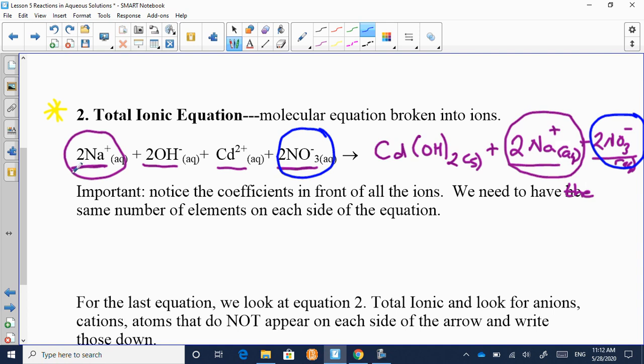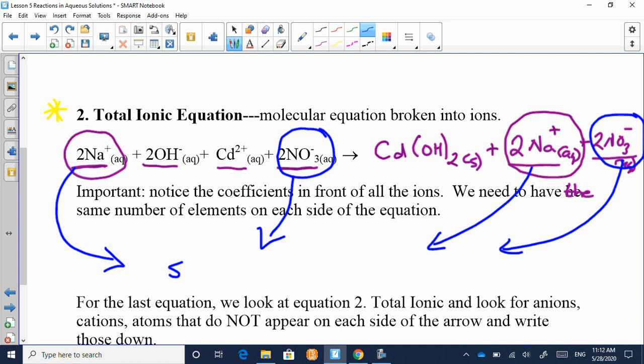And so I'm just going to bring them down here, and I'm going to show you that those are what we call spectator ions. They don't do anything. It's like they're watching the game between cadmium and hydroxide. They're just spectators, whereas cadmium and hydroxide are the players.